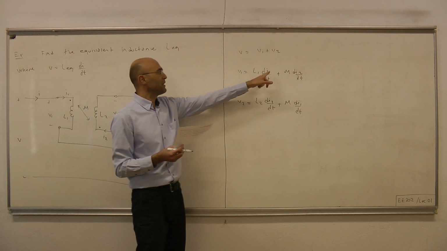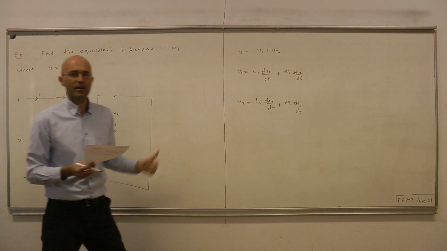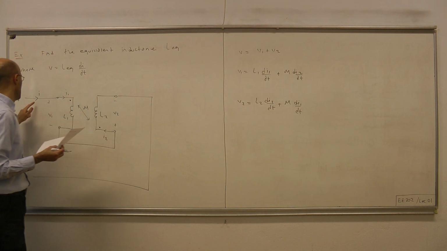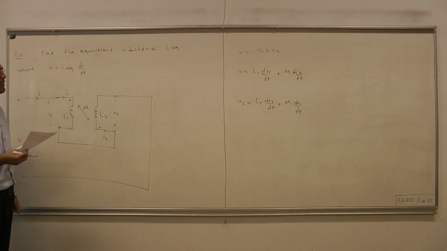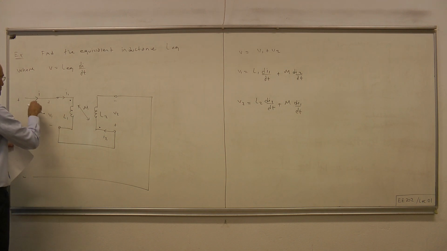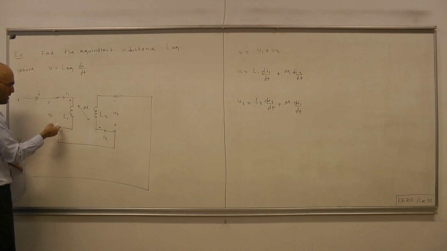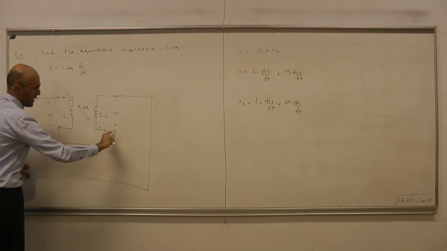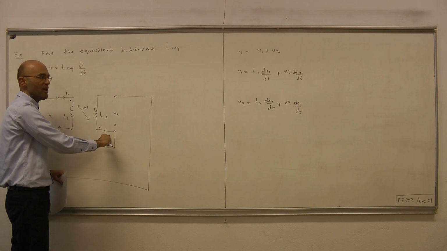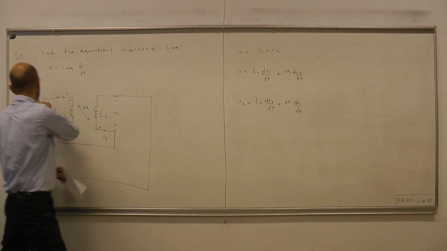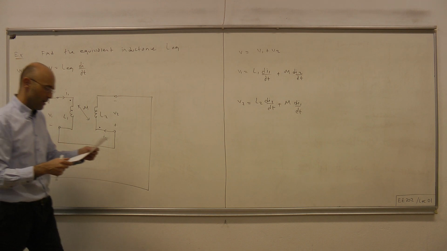So that means we have to relate those currents of the coils, I1 and I2, to the current of our two-terminal device, I. And that's easy because this I1 is no other than I, and then I goes in this way, and here we see that it's also I2. Therefore, I1, I2, and I are all the same current by KCL.